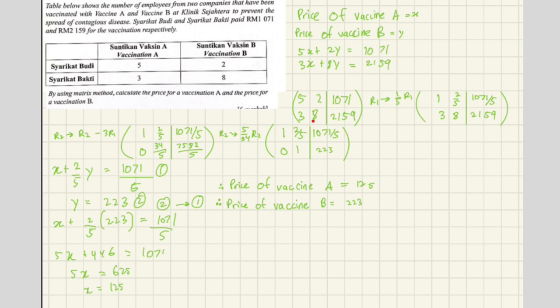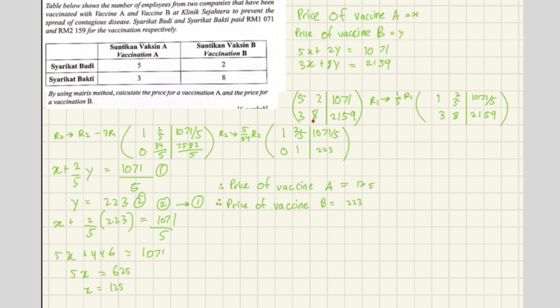The matrix form is 1, 2 over 5, 0, 34 over 5, with 1071 over 5 and 7582 over 5. Then R2 to 5 over 34 R2. The matrix form is 1, 2 over 5, 0, 1, with 1071 over 5 and 223.